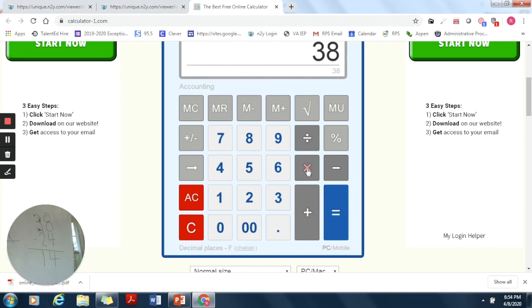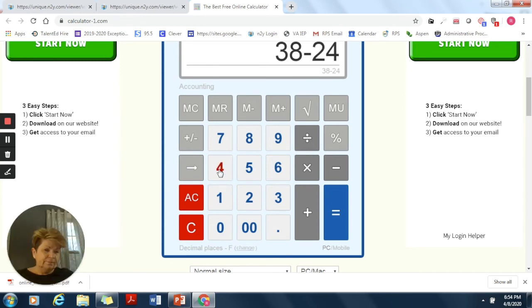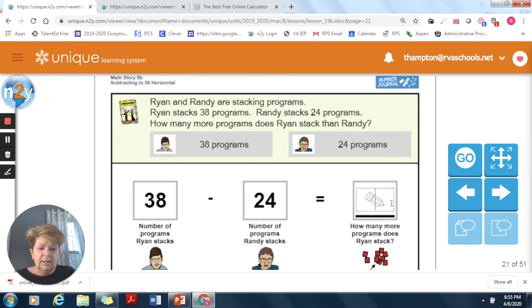This minus, see, this is addition, multiplication, minus, good, 24. Very good. What is our answer? We press equal to get our answer, and our answer is 14. So let's go to our math problem, and let's go ahead and finish that. Very good. Excellent. Let's go to our next one.